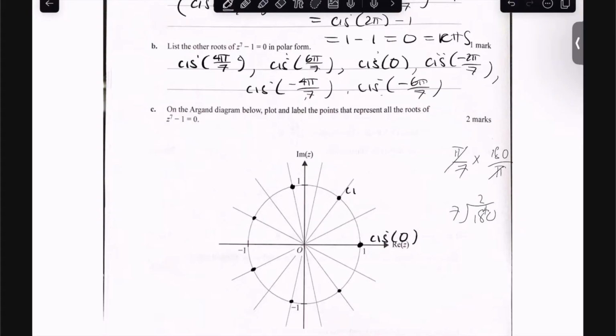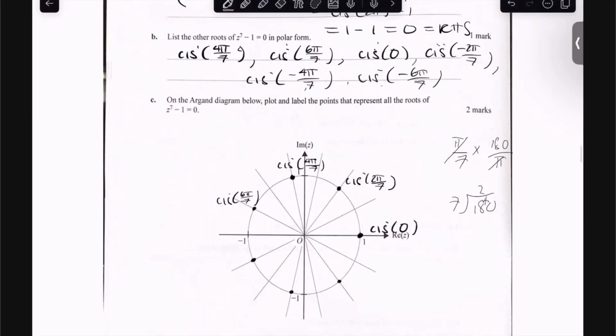Here is cis 2 pi on 7, or w. Cis 4 pi on 7. Cis 6 pi on 7. Now keep in mind that these now go in the negative direction. So this is cis negative 2 pi on 7. Cis negative 4 pi on 7. And cis negative 6 pi on 7.